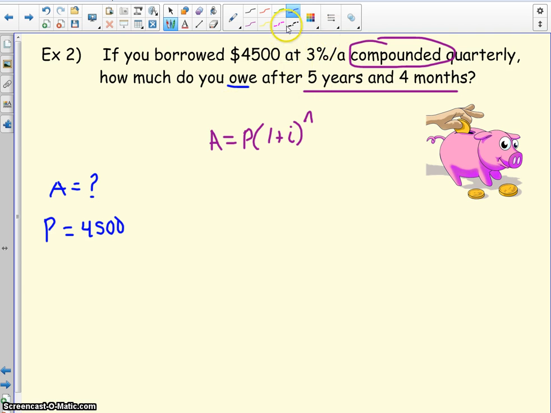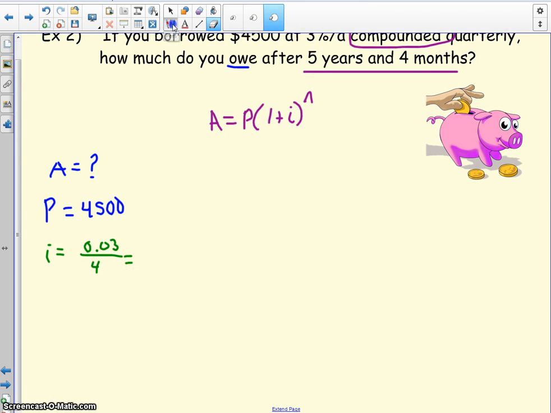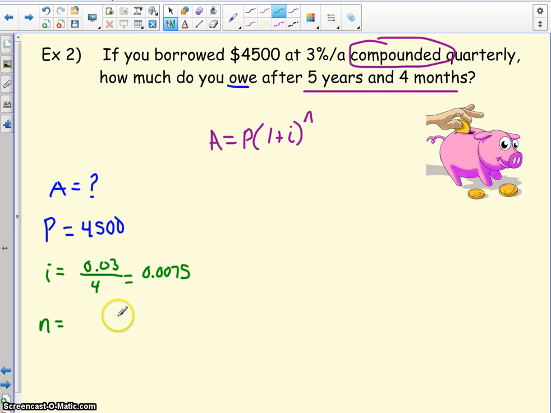Okay, I've been told it's 3% per year, so I'm going to convert that to a decimal. It's compounded quarterly. Quarterly is 4 times a year, so it goes 0.03 divided by 4, which I can simplify down into 0.0075. Okay, and last but not least for my n, I have to convert everything to years first.